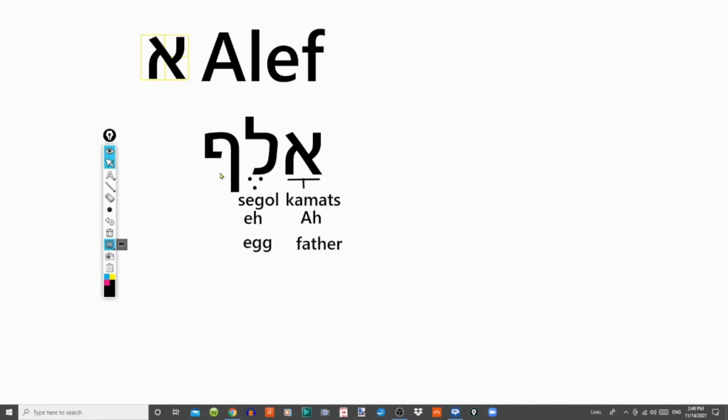So, the BeGeD KeFeT represents Beyt, Gimmel, Daleth, Kaf, Fe, and Tau. I say Fe because it's F, BeGeD KeFeT. Okay. Now this is a Fe, and how do we know that this is a Fe, the fricative sound, instead of the Pe, the plosive sound? Because it does not have a dagesh in it.